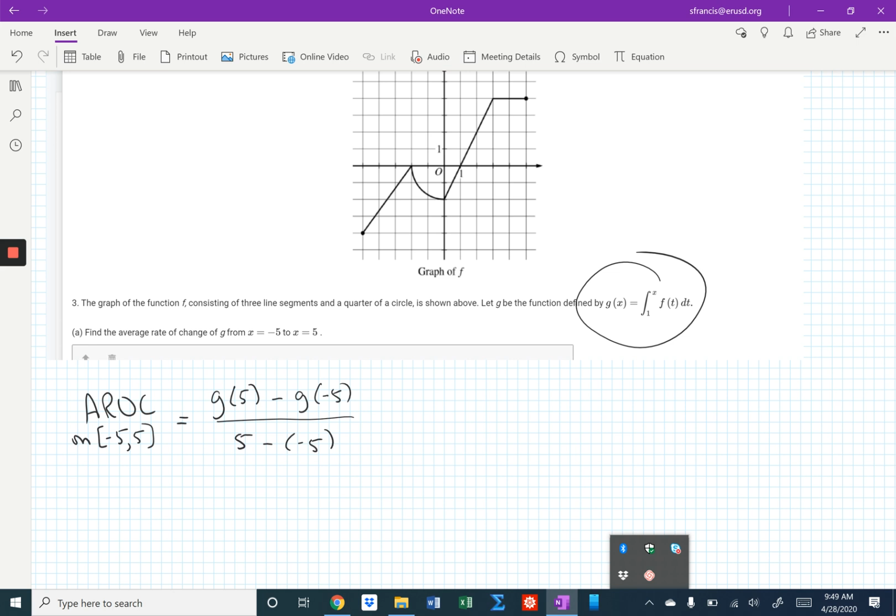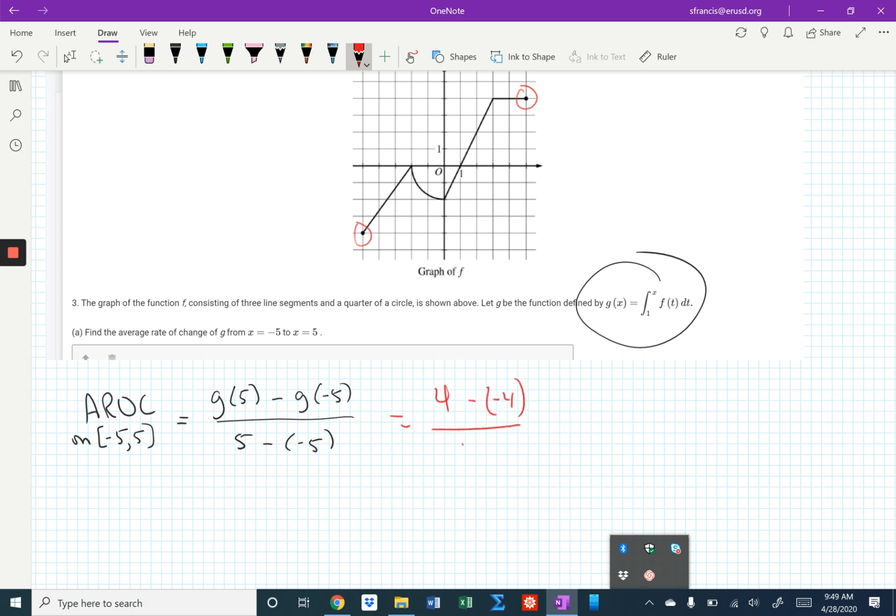Now, the problem with a lot of you is I think a lot of you just gave me the output here. So you thought g of 5 was just 4. Sorry, I'm trying to get a color here. So 1, 2, 3, 4, 5 is right here. So you thought 4 was what went here, and then you thought -4 went here, and then over 10.